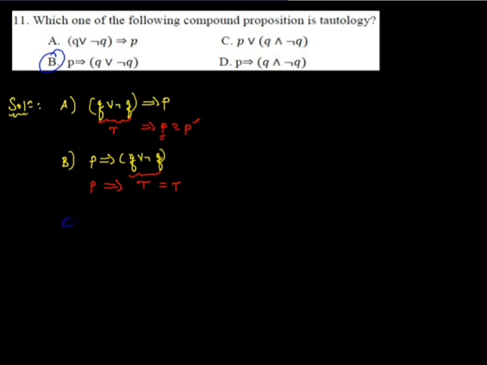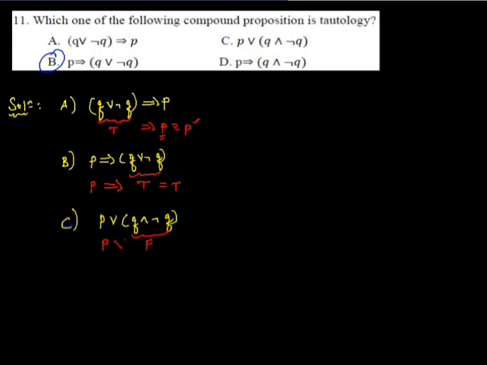So let's check the case in C. In C we have P or Q and the negation of Q. Here, Q and the negation of Q is false. This is always false.